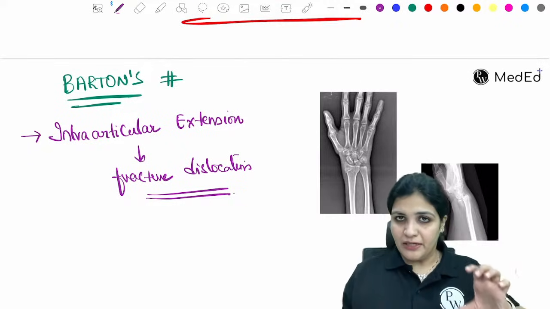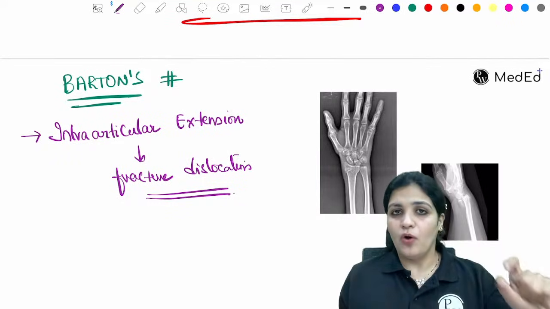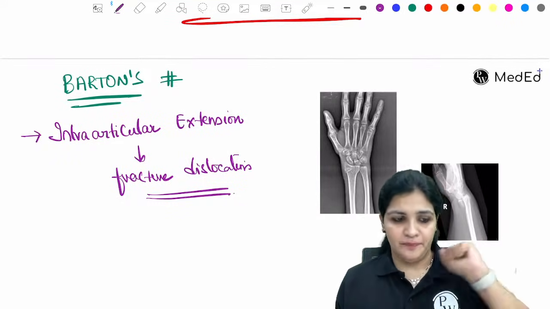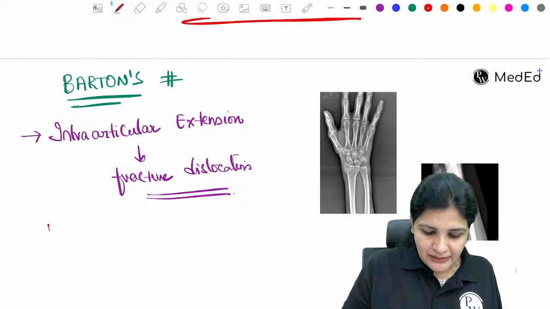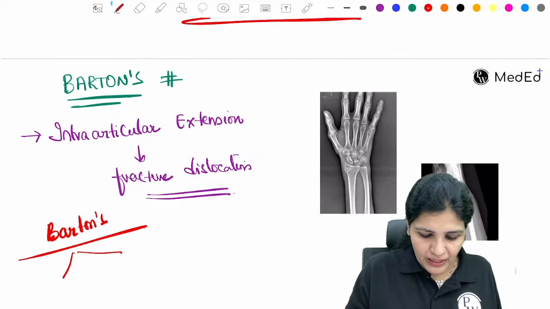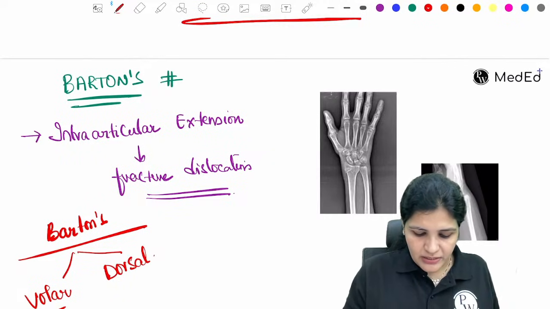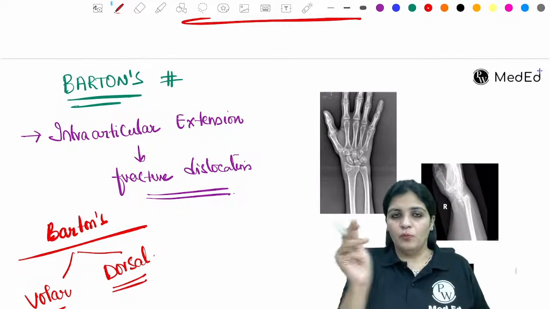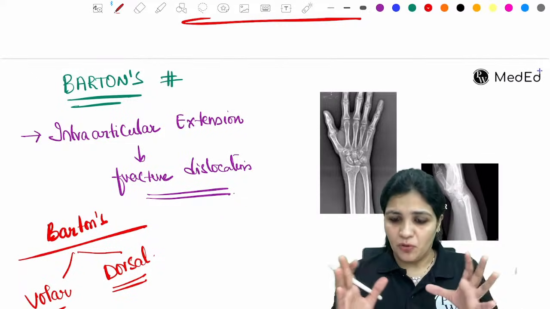So whenever you see a distal radius fracture extending into the joint, this is called your Barton's fracture. Okay. Now, the twist is this Barton's fracture can again be of two types. It could be a volar Barton's or a dorsal Barton's, depending upon the displacement of the fragment.